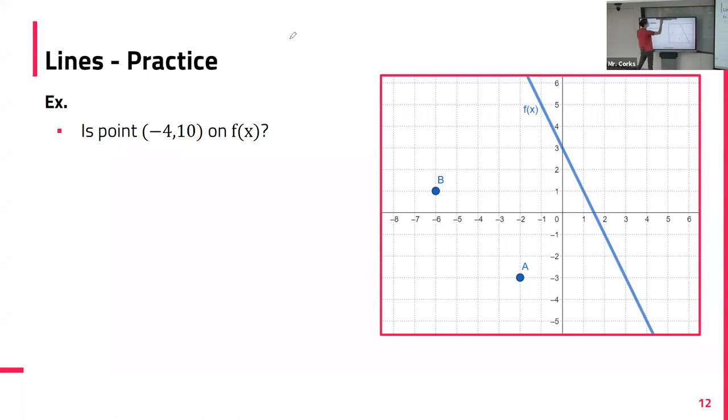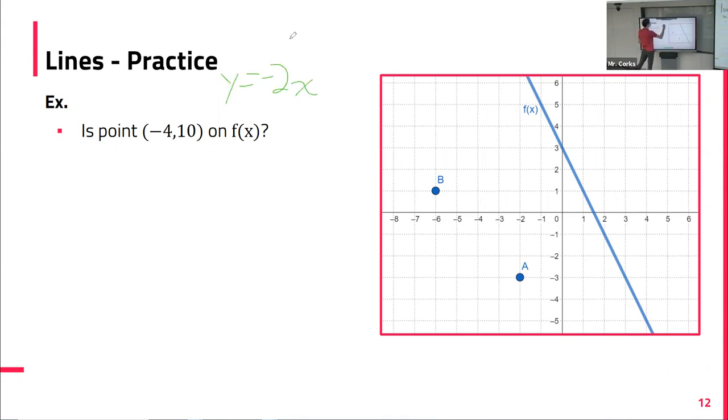So our f of x, do we remember what the equation was from last class? Tell me. Don't look at your books. It's right here. Just look at the line and tell me. Okay, so y equals -2x plus 3.